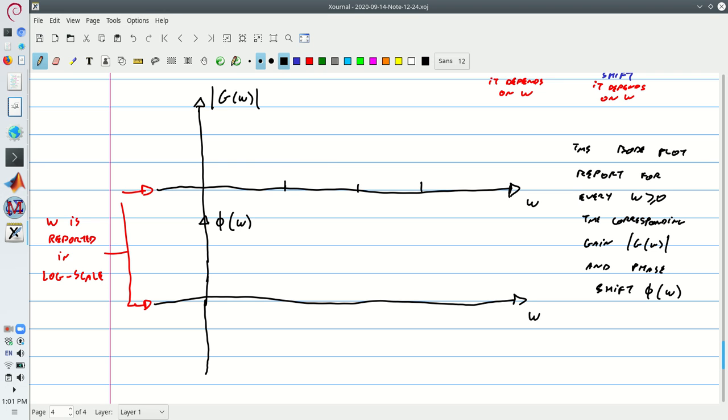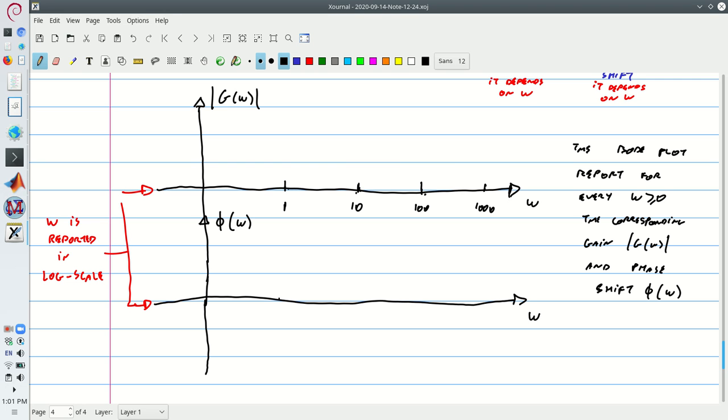If here you have omega equal to 1 and here you have omega equal to 10, at the same distance from 1 to 10 on your axis, you'll have omega equal to 100. So the distance from 1 to 10 is equal to the distance from 10 to 100, which is equal to the distance from 100 to 1000, and so on.